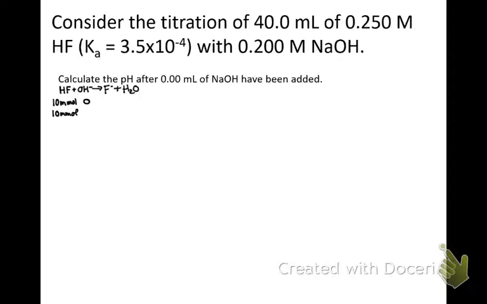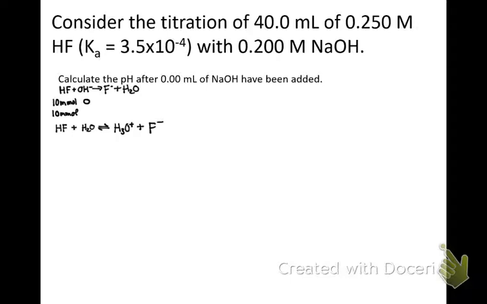So the principal reaction, the one that affects the pH, is going to be the acid dissociation of HF. So HF plus water goes to H3O plus and F minus. And we said we have 10 millimoles in 40 milliliters.